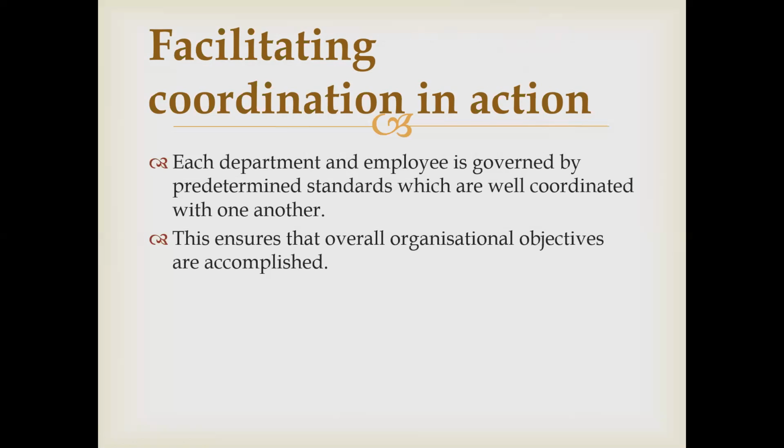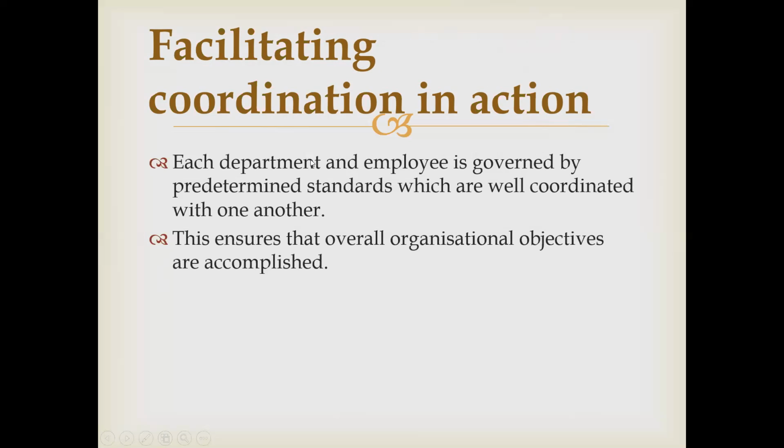And this will ensure that the overall organizational objectives are achieved. There will be minimum wastage of resources, and that is going to enhance the coordination in action or harmony in various departments. I hope that the importance of controlling is clear to everyone.